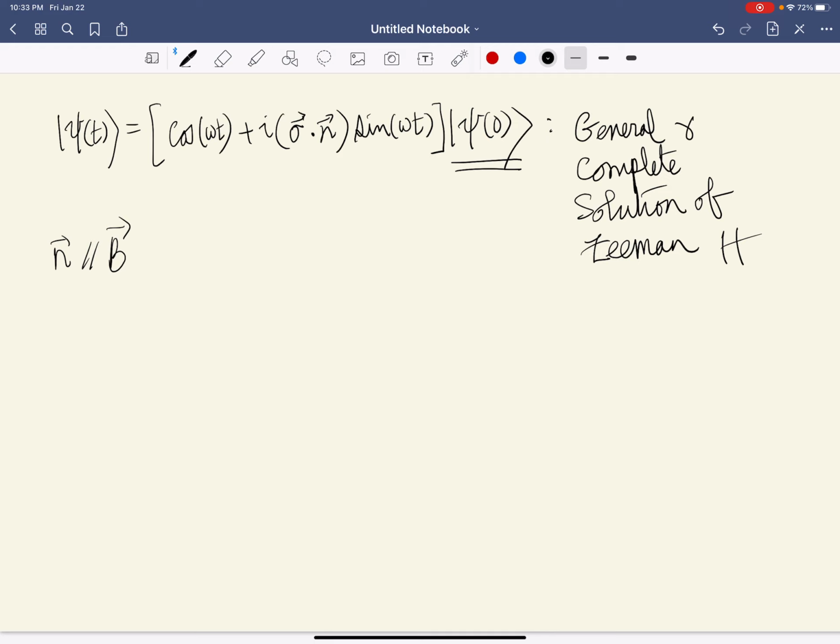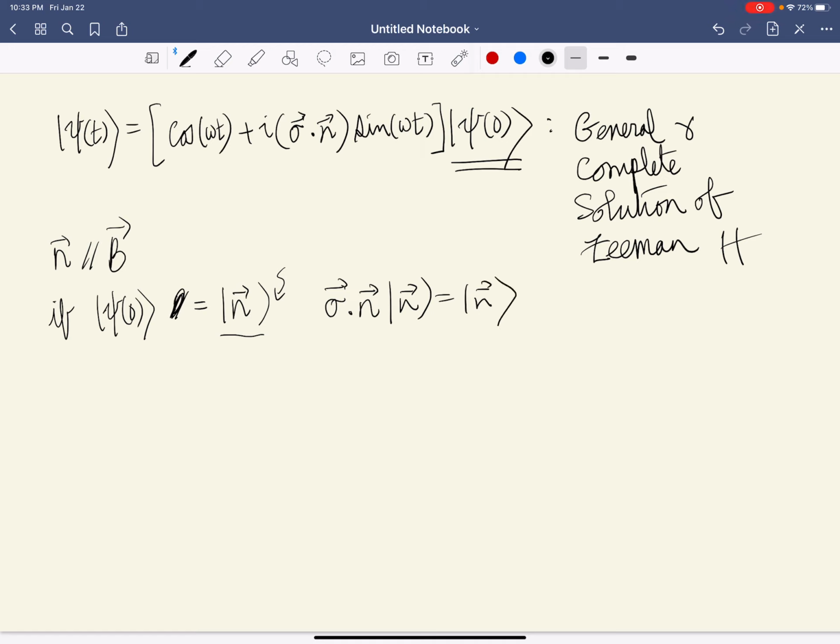And if it happens that the initial state was along this magnetic field, namely, if the initial state was in fact an eigenstate, like that, and let's recall that this is an eigenstate of this Hamiltonian, sigma dot n.